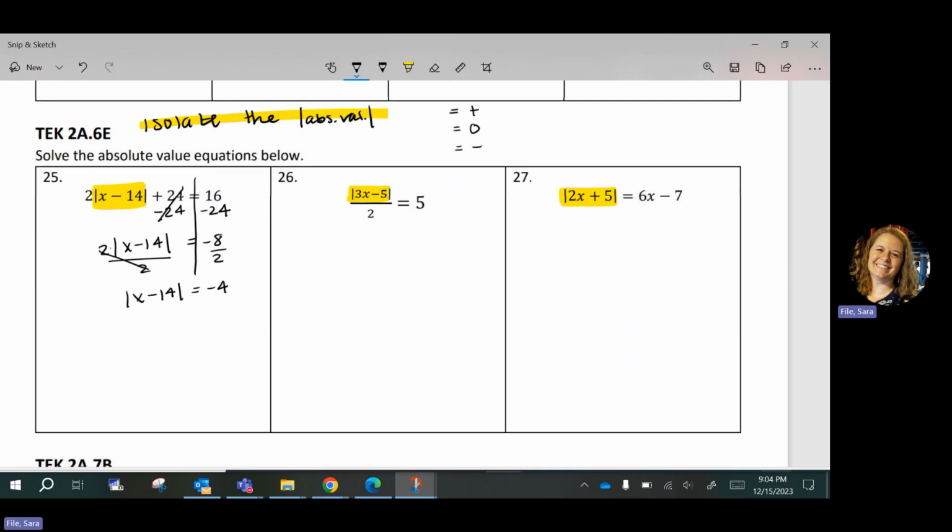So what that tells us, if our absolute value expression, once it's isolated, is equal to a negative, that means there is no solution. Because there is no way we could take the absolute value of something and get a negative. Absolute value is the distance from 0, and distance is never going to be negative. So in this case, because it's equal to a negative, we know there is no solution.